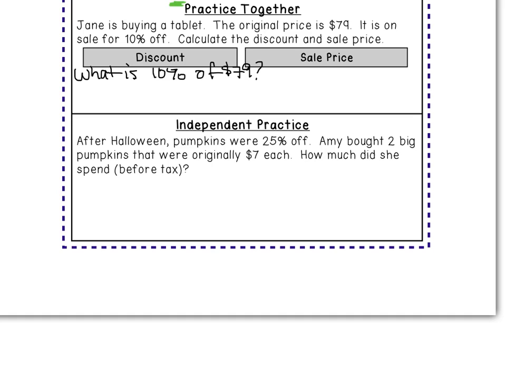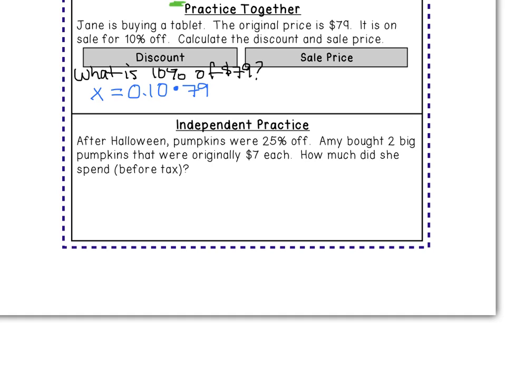Then you cross multiply and divide to solve, or you can set up our equation. So what means x, is means equals, 10% written as a decimal is 10 hundredths, of means multiply, and then $79 we leave as it is because it's not a percent.